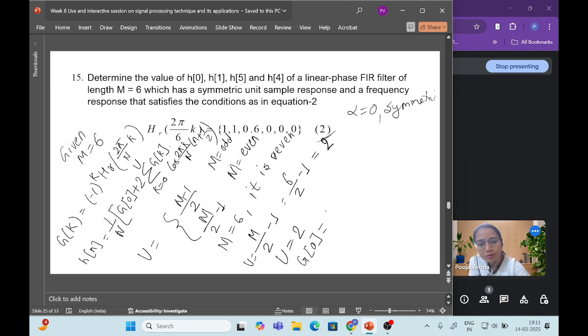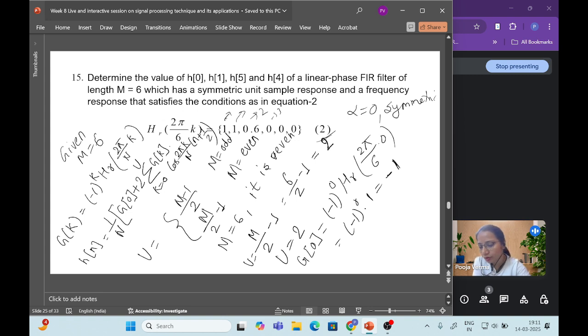Minus 1 to the power 0, H_r(2π/6 into 0), so H_r will be at the 0 place, where the value is 1. So you get (-1)^0 times 1, so g of 0 is equal to plus 1.